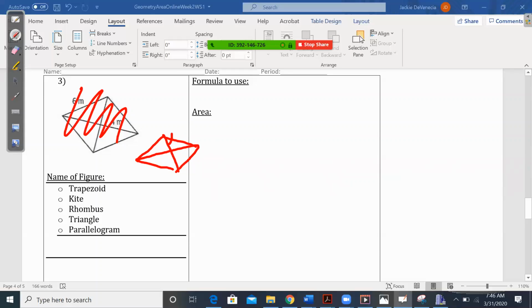So let's say this diagonal is 8 inches, and this whole diagonal, this is 9 inches.